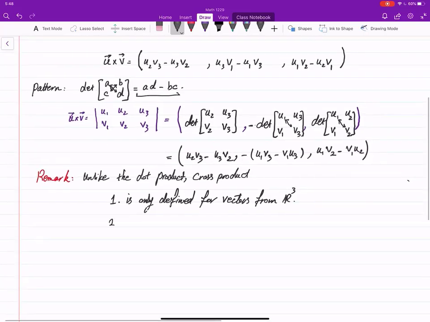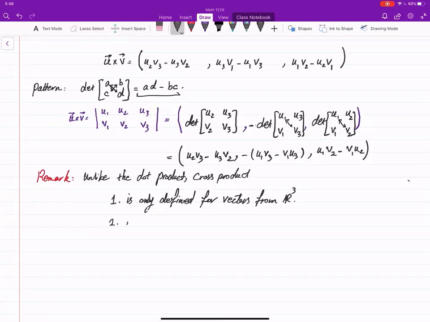And the second difference is that the cross product of 2 vectors is again a vector, not a number.